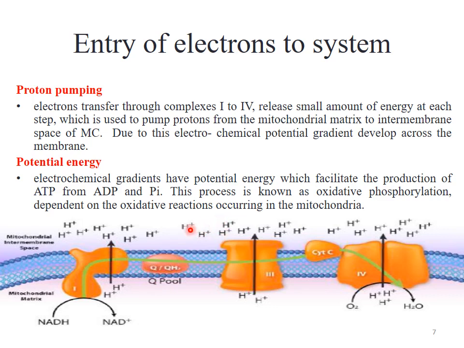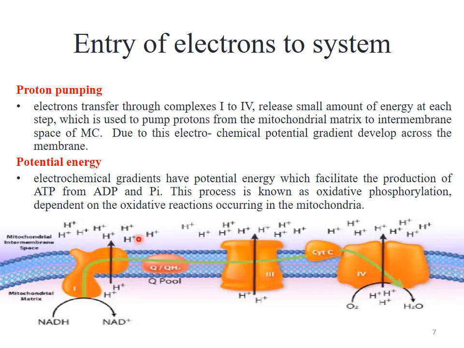Here I told you these protons in the intermembrane space create an electrochemical potential variation or potential gradient between these two compartments, and on the inner side there is a deficit of protons, and in the interspace there is a huge quantity of protons.